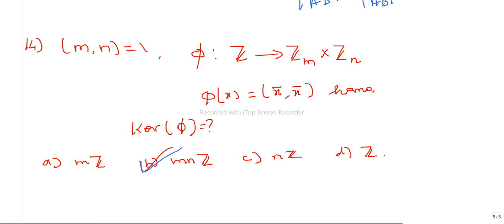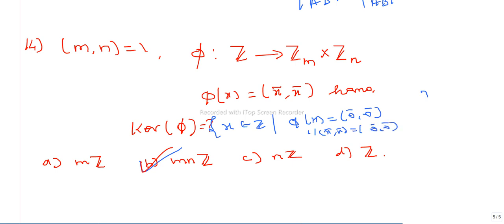Got it or not? By the definition of kernel, it is the set of all elements in Z such that phi of x equals 0. Phi of x equal to 0 means 0 comma 0, or 0 bar comma 0 bar. But the definition of phi of x is x bar comma x bar. So x bar comma x bar should be 0 comma 0. That is, x is congruent to 0 modulo m. If you take modulo m it should be 0.